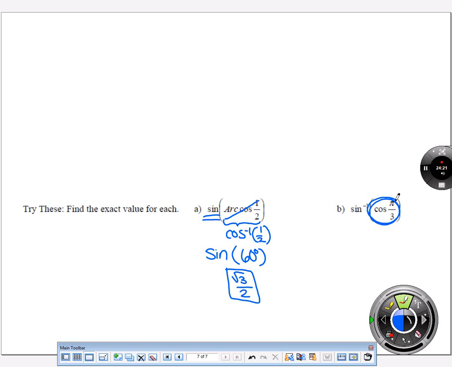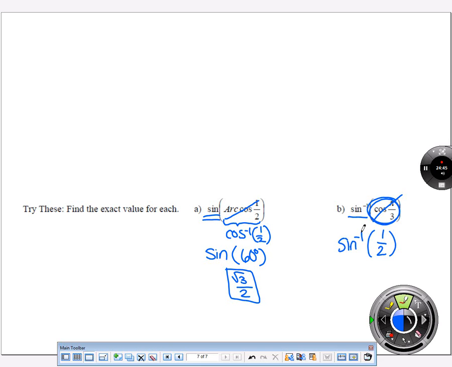So this first part is like your last quiz. I'm just asking you what is the cosine at pi over 3. So pi over 3 is the same as what degrees? 60. So what is the cosine at 60 degrees? 1/2. So that takes care of that part. Now I have to do the second part of it, okay, which says what is the inverse sine of 1/2.